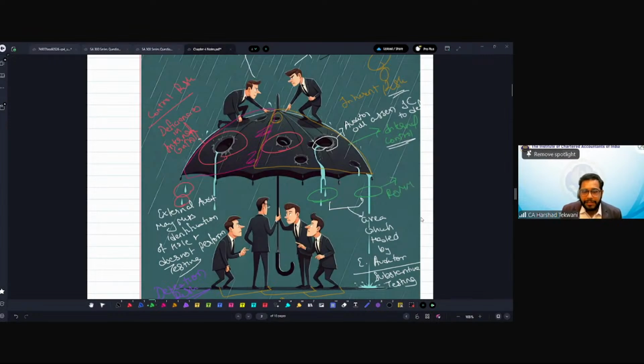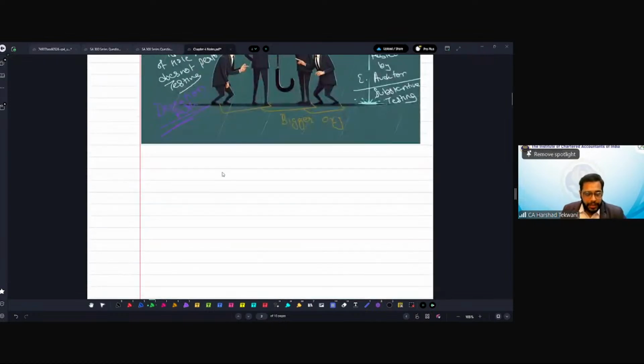Risk of material misstatement is nothing but a product of your inherent risk and your control risk, because whatever water is coming through after the umbrella is the risk of material misstatement. So you might have seen this formula: risk of material misstatement is equal to inherent risk into control risk.